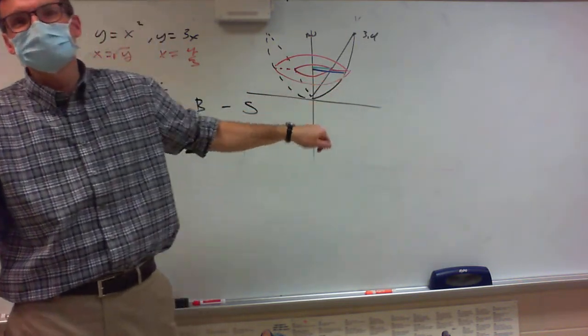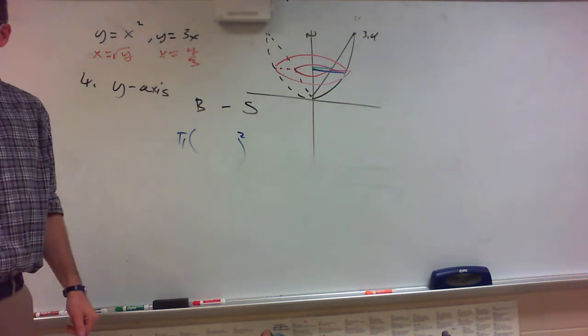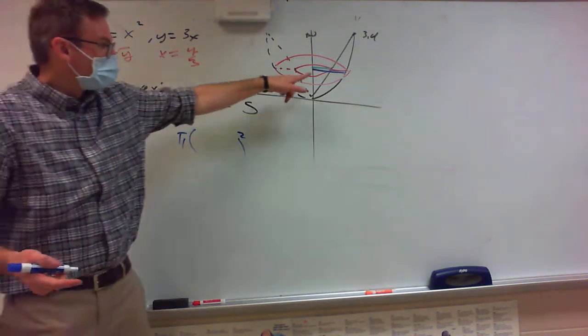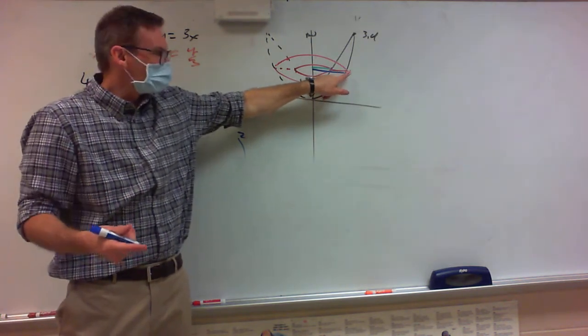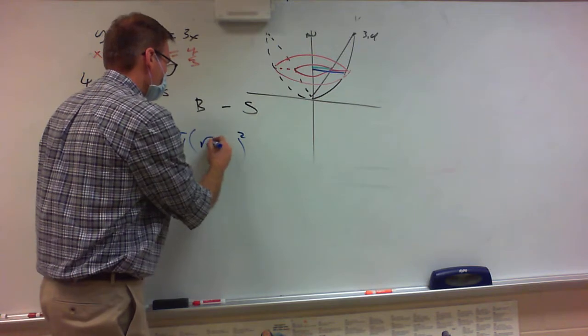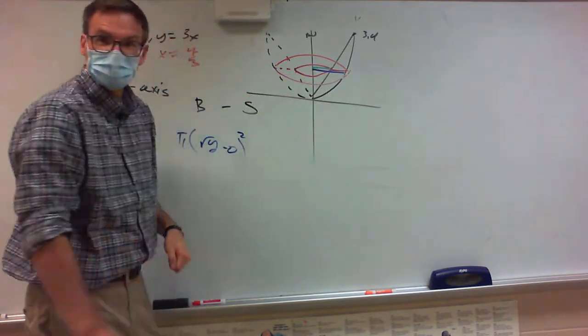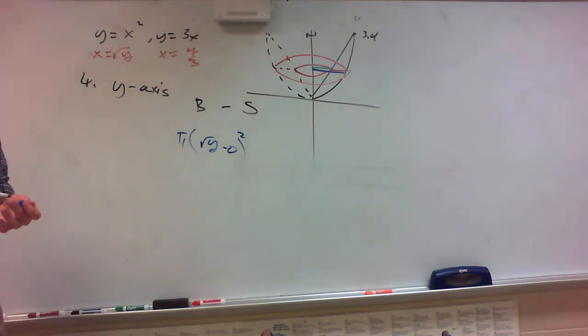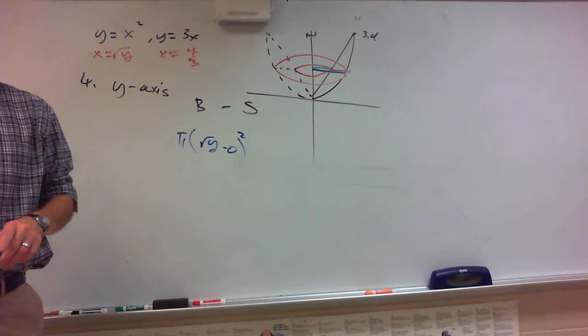What's the right function? Root y, sorry, root y. We need y. So this function is root y minus 0. Are we okay with that? You do right minus left. It's always top minus bottom or right minus left.